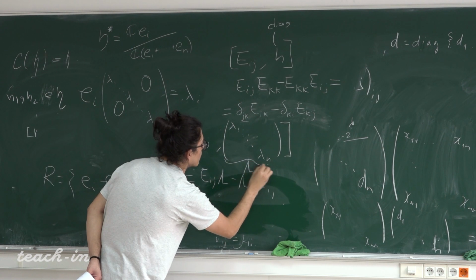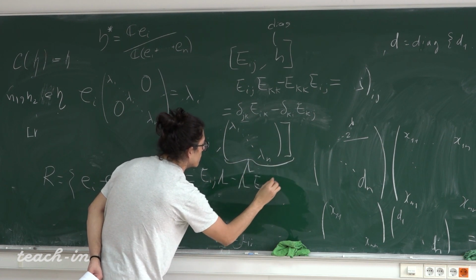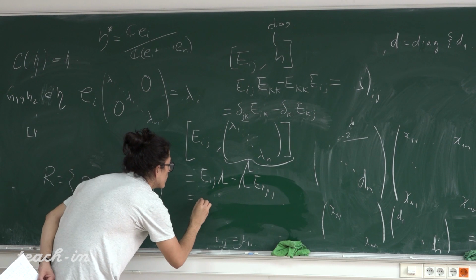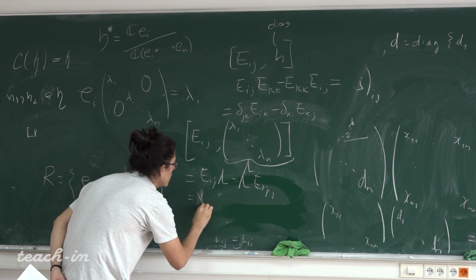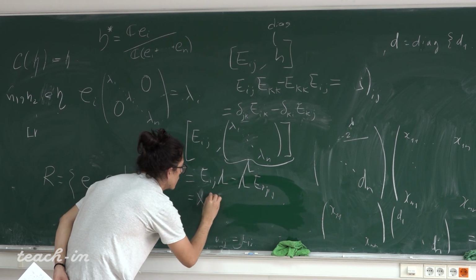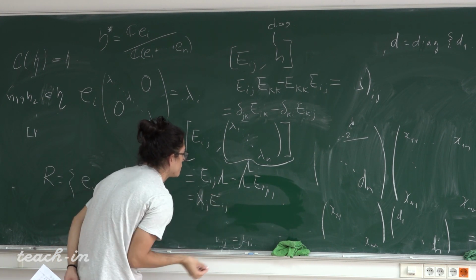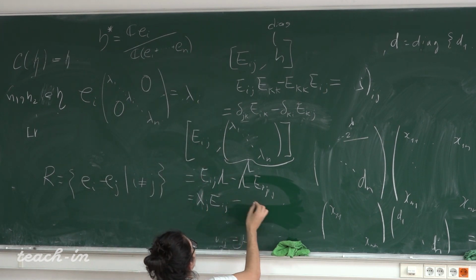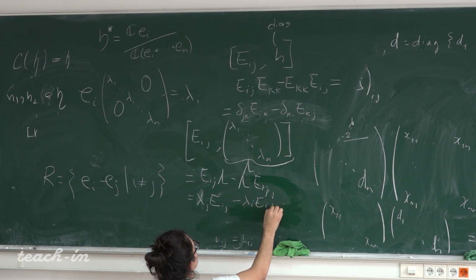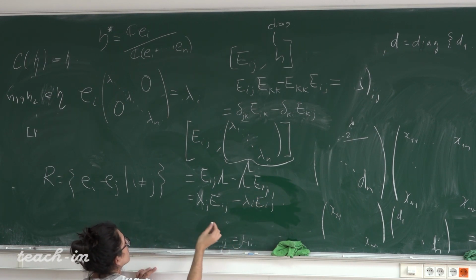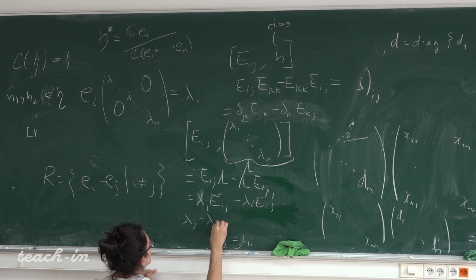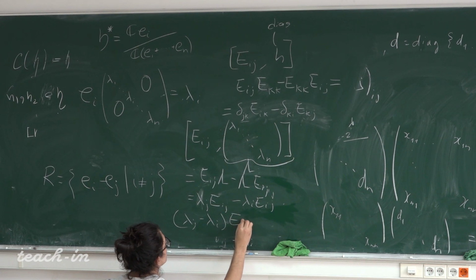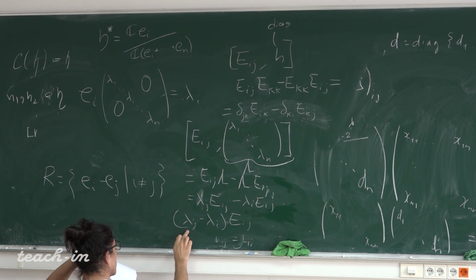There will be lambda j minus lambda I EIJ, and this is the same as lambda j minus lambda I and j. Okay. Yes. Very good.